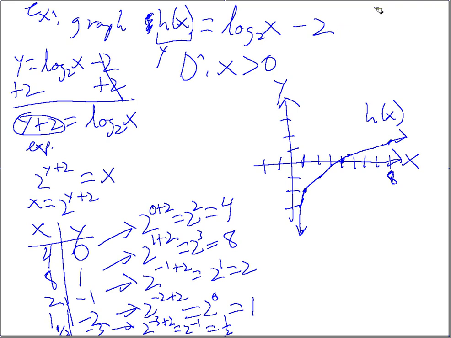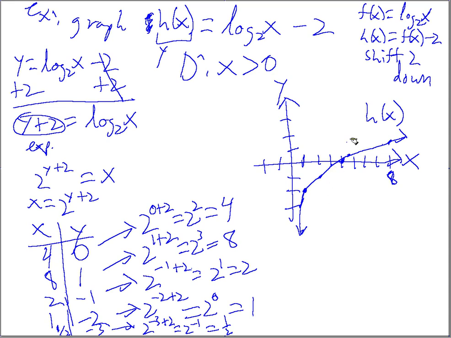Notice f of x we had earlier was log base 2 of x, right? That's x right there. If we look at this as h of x, then it's going to be what? This is f of x right here, so this is f of x minus 2. So this is a vertical translation, shift 2 what? 2 down. So this graph is the same as the log base 2 of x graph we did originally, but we're shifting it 2 down. Okay, so again, we're using concepts of translation.